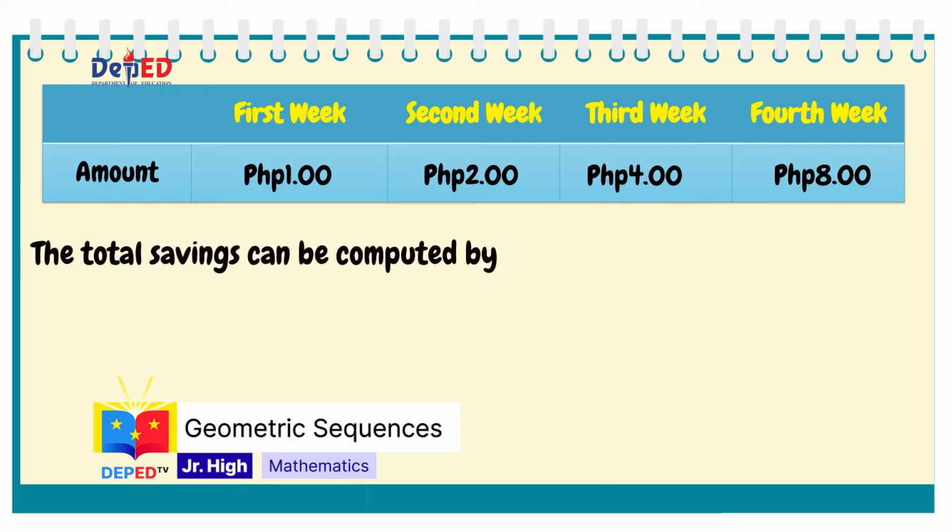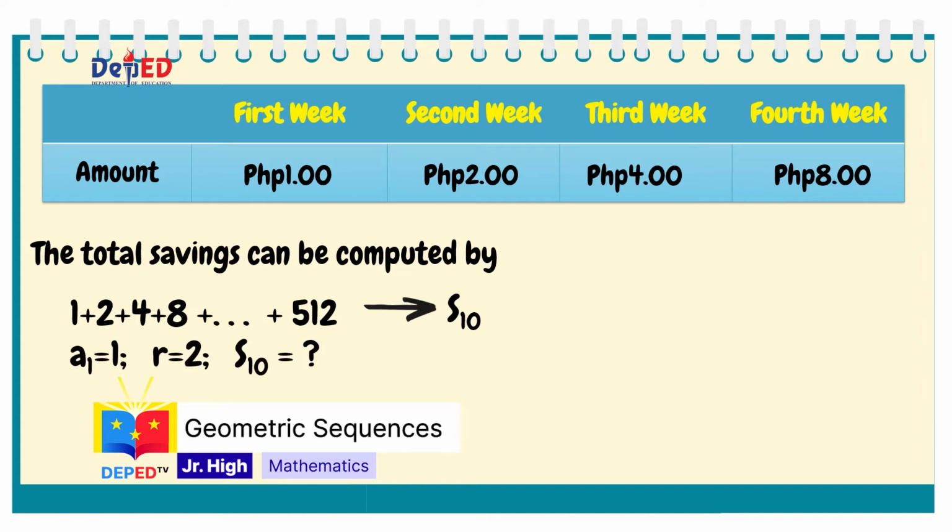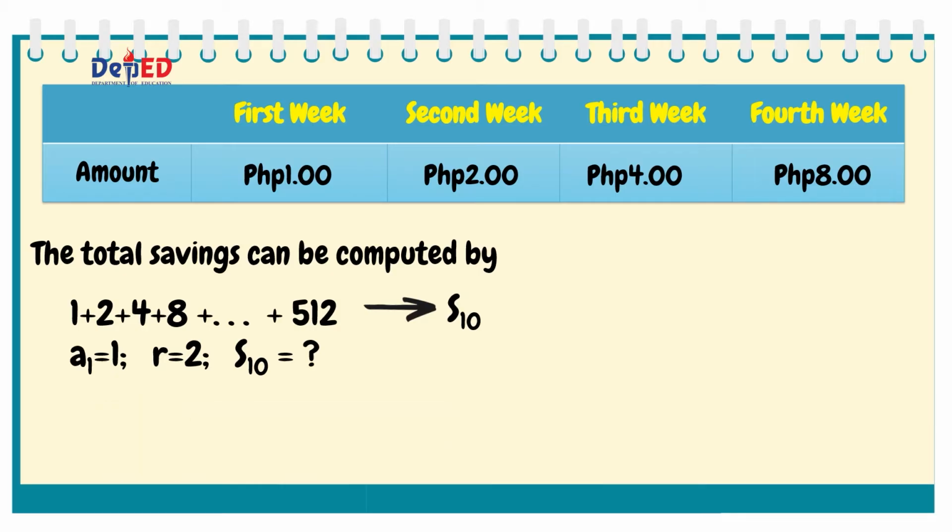The total savings can be computed by 1 plus 2 plus 4 plus 8 and so on up to 512. That is S sub 10, or the sum of the first 10 terms or savings. The given are a sub 1, which is 1, the common ratio, which is 2, and we're looking for the sum of the 10 terms.